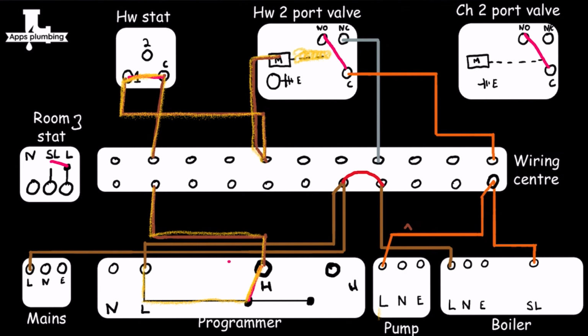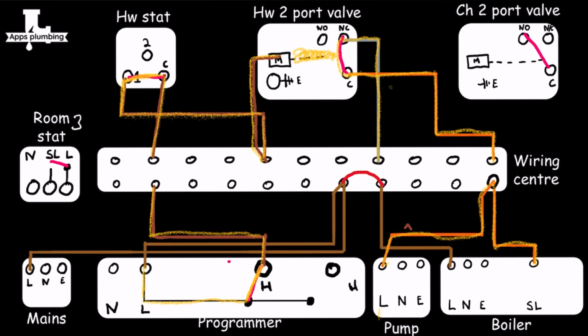It allows the motor to turn. That motor moves that switch over to there. And remember, our grey is permanent live. That permanent live is then connected to the orange, which then goes down into our pump and our boiler. And remember, sometimes the pump might be integrated.